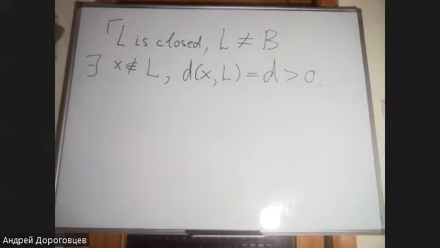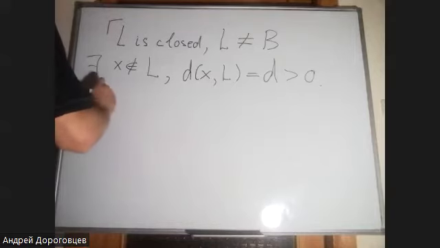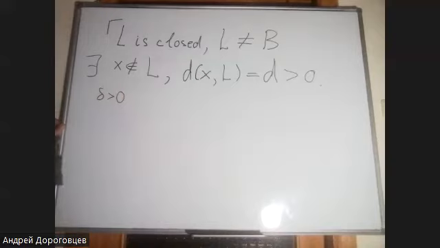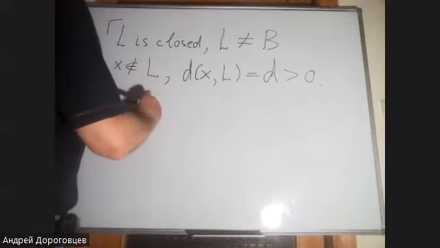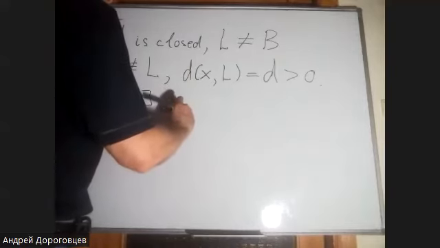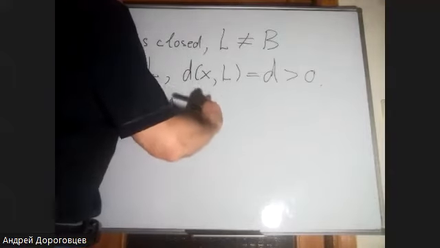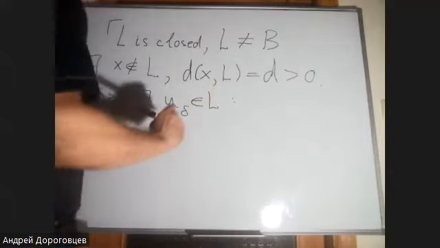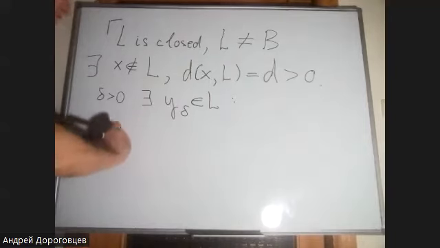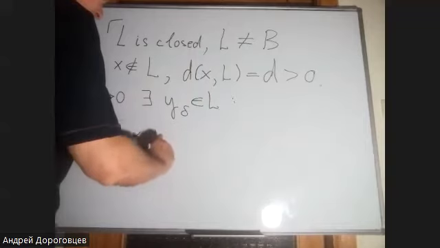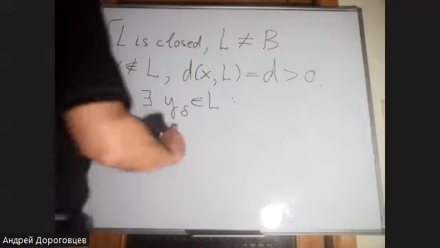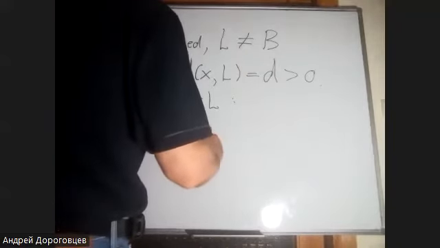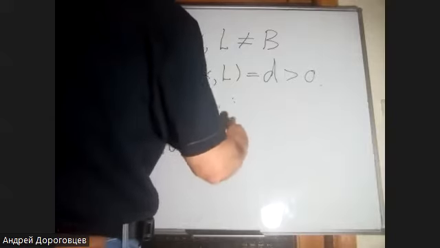Now what we will do? Let's take some delta greater than 0, and then I will find this element y delta which belongs to L, such that the norm of x minus y delta is greater or equal than d minus delta.